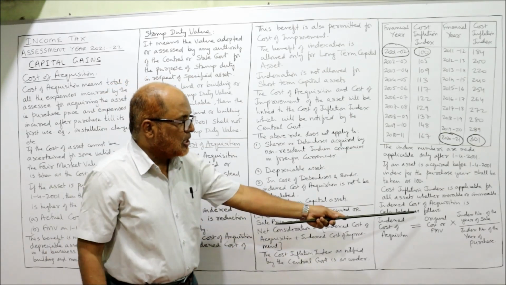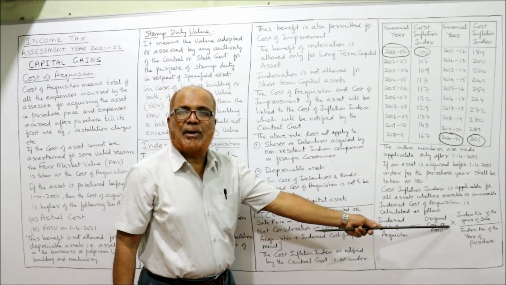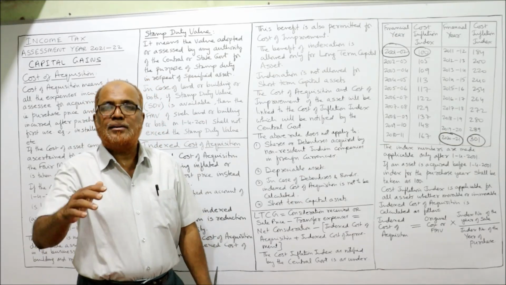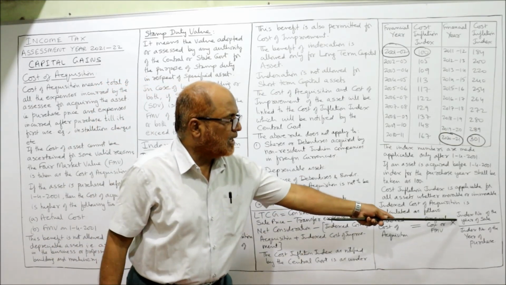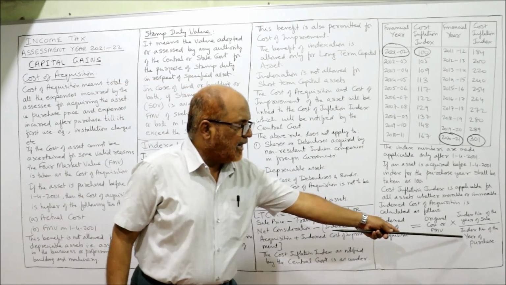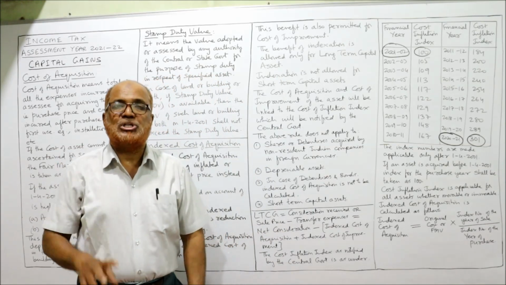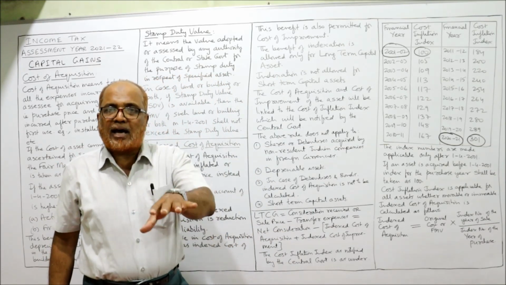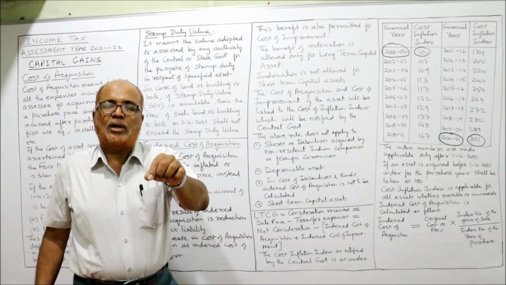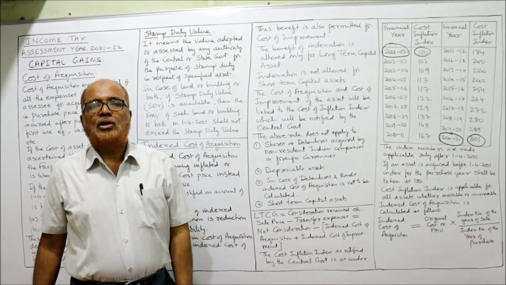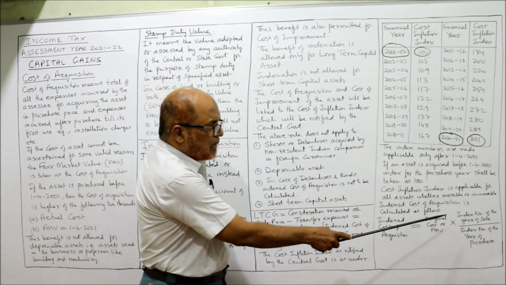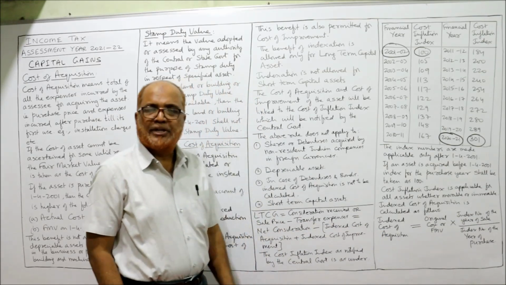This will be multiplied by the index number of the year of sale divided by the index number of the year of purchase. Example: the current previous year is 2021 and the asset is sold during 2021. The index number for 2021 is 301, so the numerator is 301.